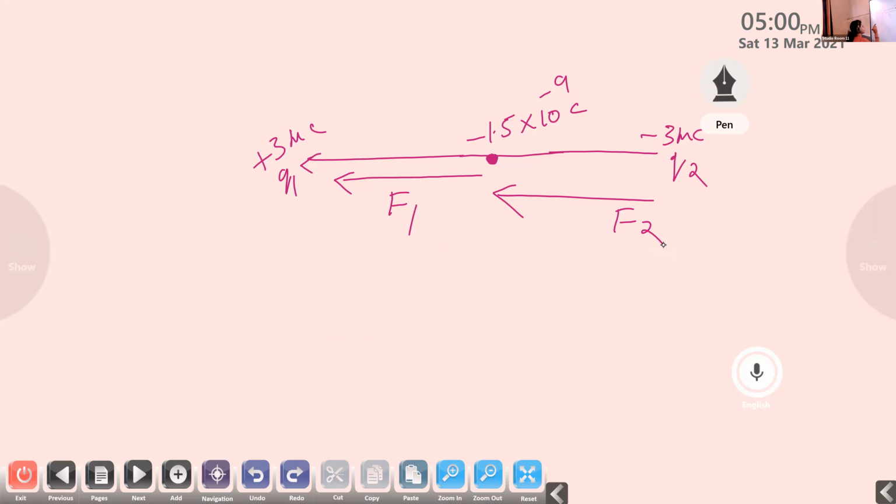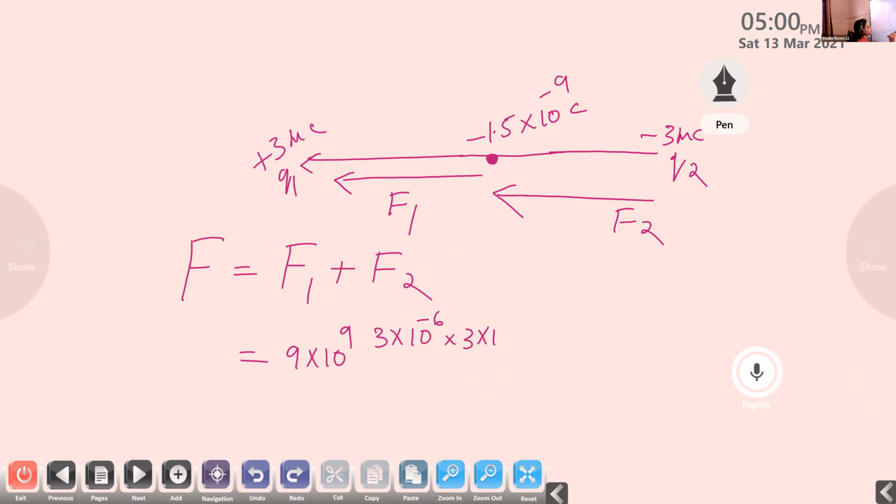So how can we calculate the net force? F is equal to F1 plus F2. Substituting the values for F1 and F2 using Coulomb's law, 9 × 10^9 × Q1 Q2 divided by r squared, that is 3 × 10^-6 × 3 × 10^-6 divided by r squared.